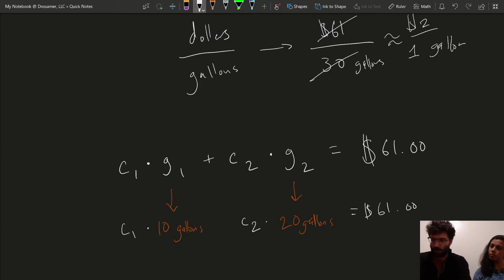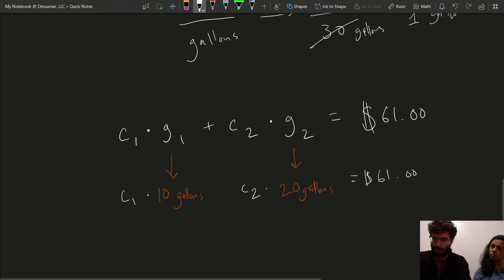And here's something. In this problem, we're only solving for one variable, right? But how many variables do we have in this equation? Two. So we have C1 and we have C2. The original cost, the old cost, and then the new cost, the new price. We can solve for the new price, but we don't need to solve for the new price.